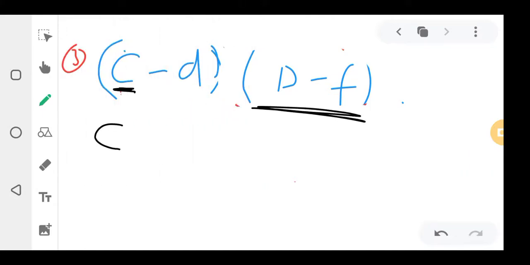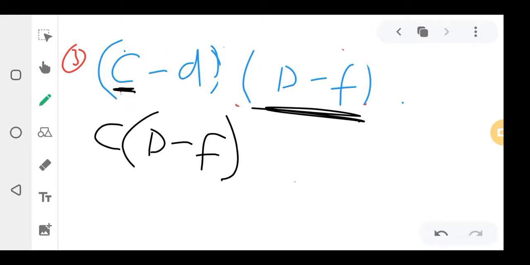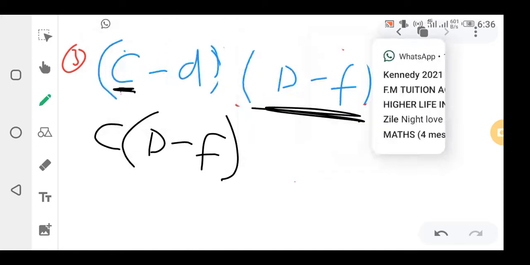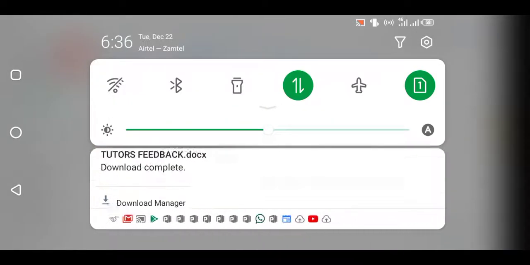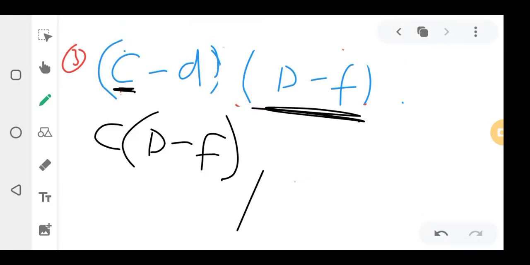Then this part comes in front of c. It is (d minus f). Then I close. Okay? The next thing I look at is d.